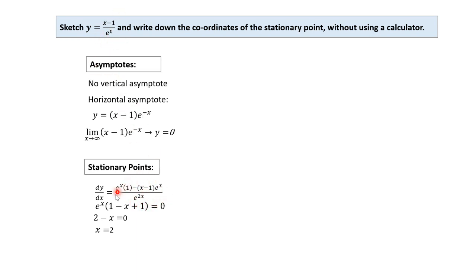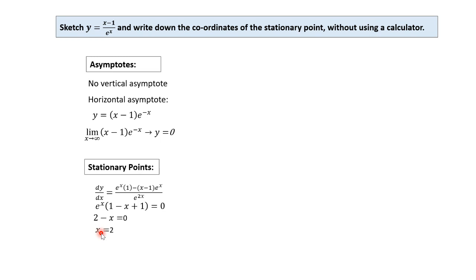I write my denominator upstairs, e to the x, I differentiate the top, 1, minus, leave the top, x minus 1, differentiate the bottom, which is also e to the x, and I then equate that to 0, which remember I only need to worry about the numerator. And so I end up with e to the x and then brackets 2 minus x. And remember, e to the x cannot equal 0, and so I'm just left with 2 minus x, which means that the x value of my stationary point is x equals 2.